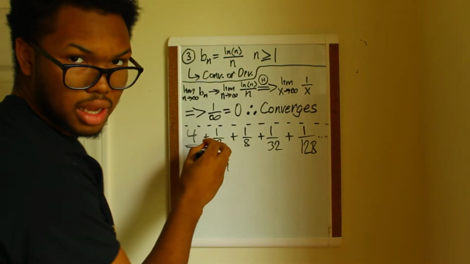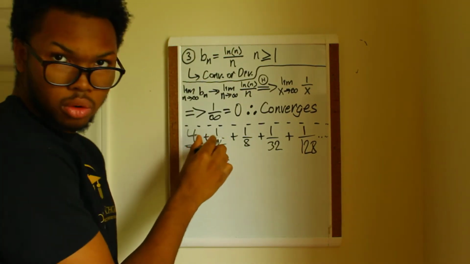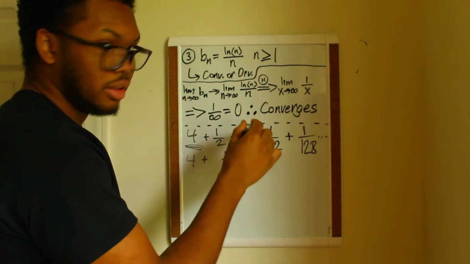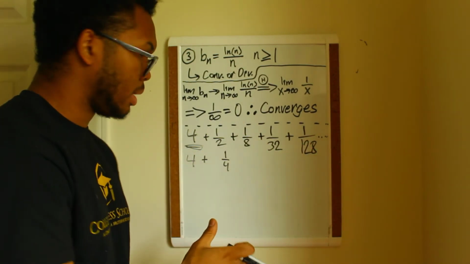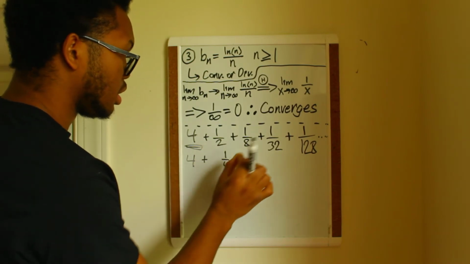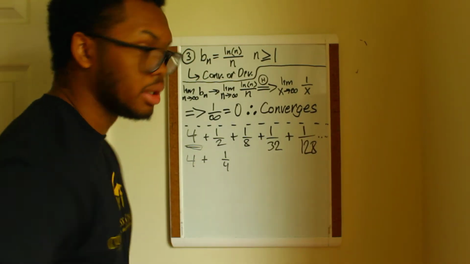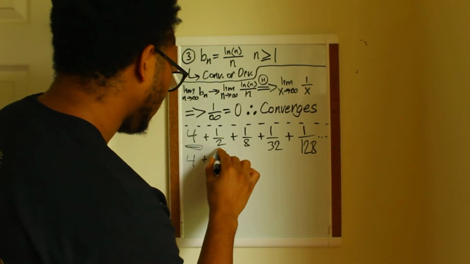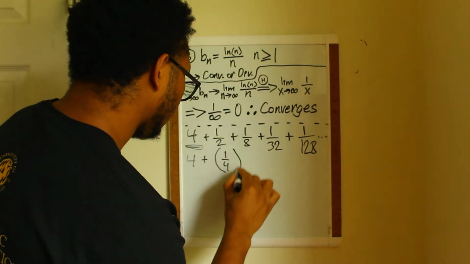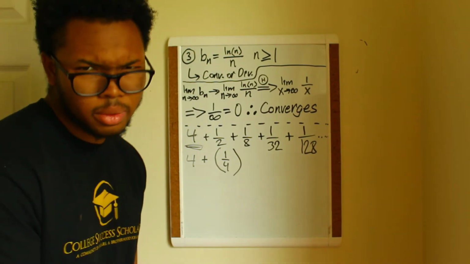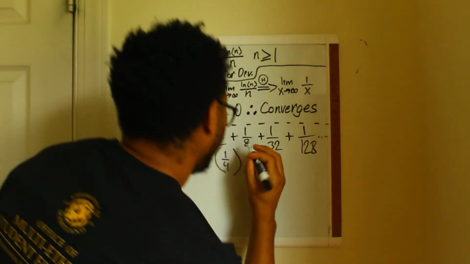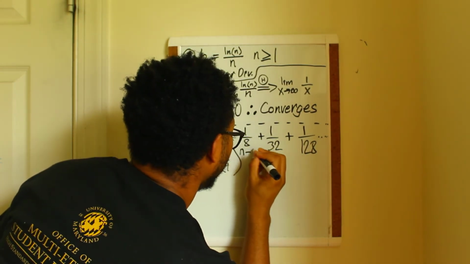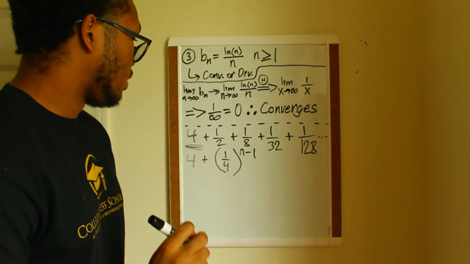So if this is n equals 1, because we're only counting this part of the series in our geometric formula, and then n equals 2, n equals 3, n equals 4, we can even use n minus 1, right? So to the power of n minus 1, right?